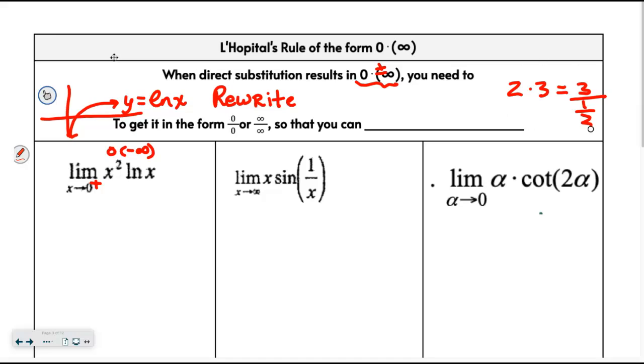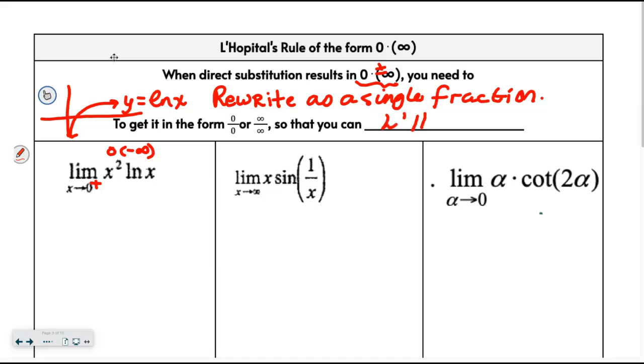So you're going to write your products as a single fraction. Sometimes you're going to have an option for how you want to do that. I would kind of say go with your gut, and I'll talk about that when we get there. So this right now is a product of these two, and it's an indeterminate form, but it's not a L'Hopital one. But once we can get it like that, we can L'Hopital.